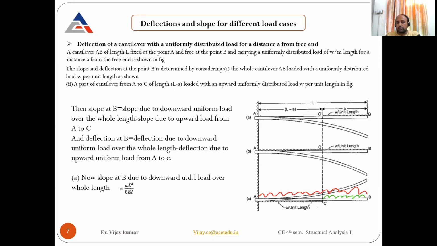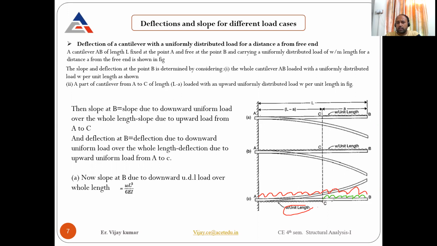We already saw the red UDL, over the entire segment. The slope value is WL cube by 6EI, and the deflection is WL to the fourth by 8EI. And we know the value of deflection due to this load also. That was on the downward side; we can take it on the upward side, there will be no issue.